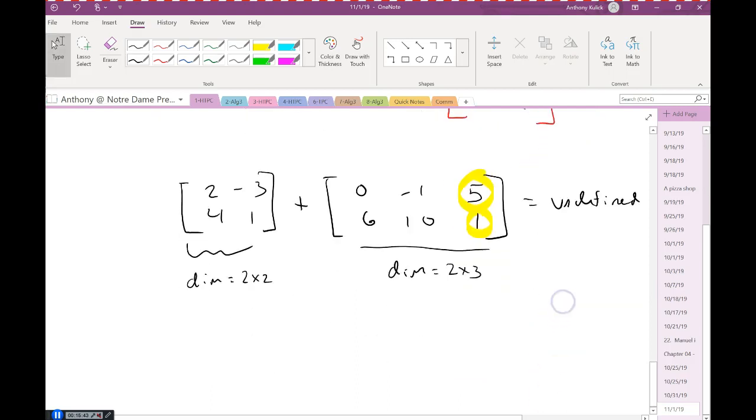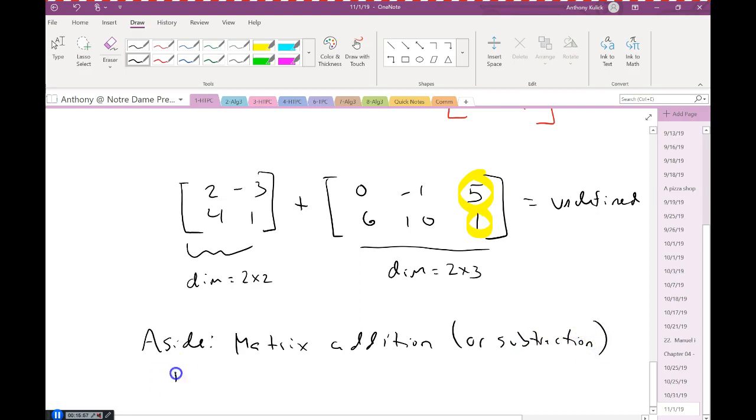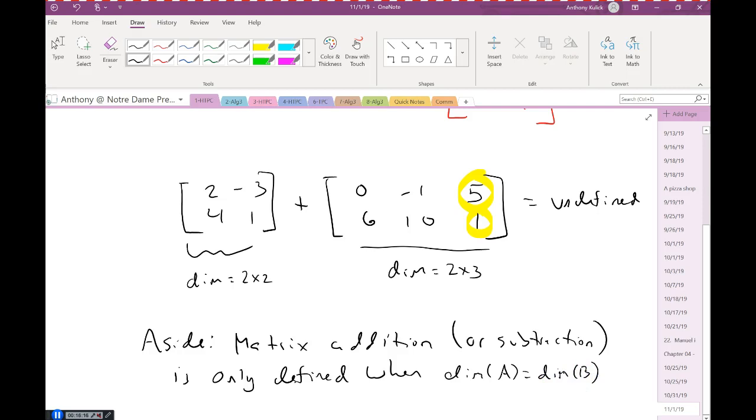So our conclusion here is that matrix addition or subtraction is only defined when the dimension of matrix A is equal to the dimension of matrix B. If I don't have corresponding elements to add together, I can't do the addition.